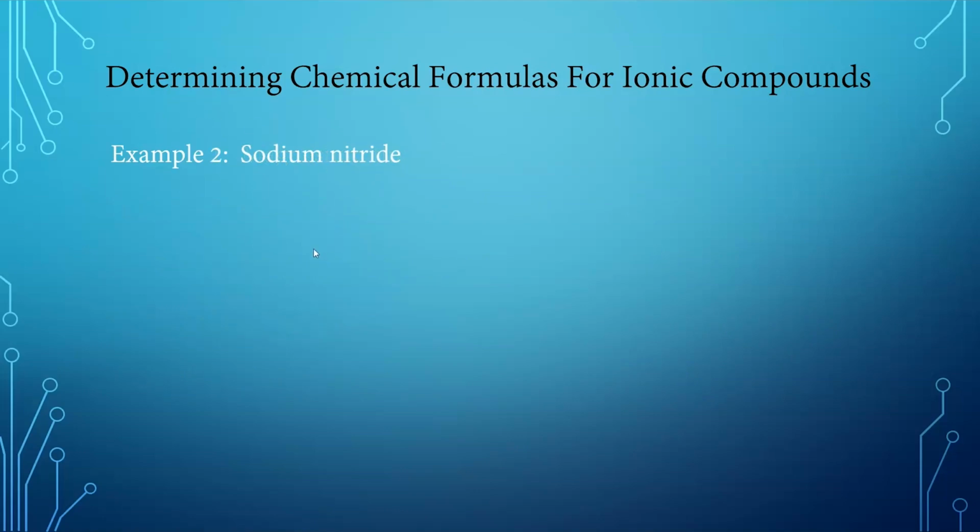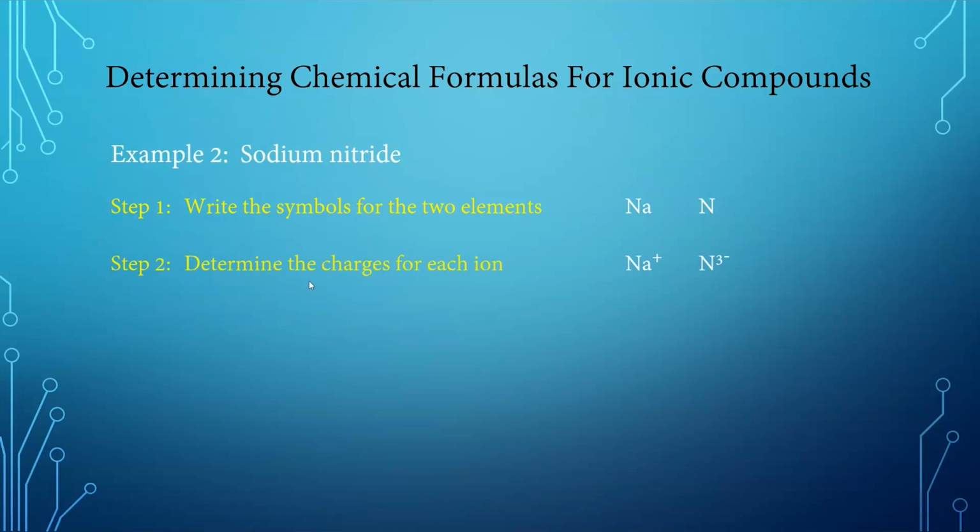Let's take a look at another example: sodium nitride. So sodium is Na, nitrogen is N. That's our first step. We want to determine the charges. Sodium is in group 1. It will be a +1. Nitrogen is in group 5, which means it will be a -3.